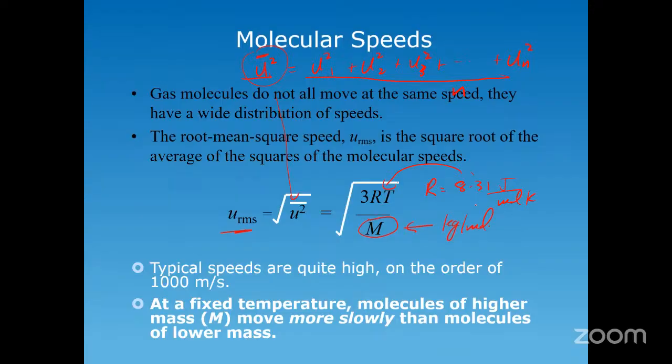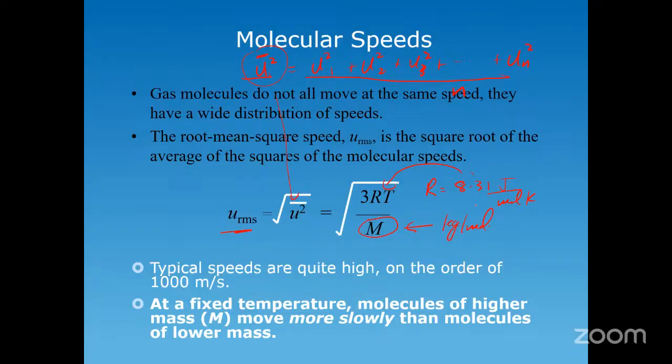So remember, these two things you need to keep in mind if you're going to use this equation. The R value must be expressed as 8.31 joules per mole Kelvin, and whatever molar mass you calculate for the gas must be expressed in kilograms per mole, not grams per mole. Once you get those two things in order, put those numbers into the equation.